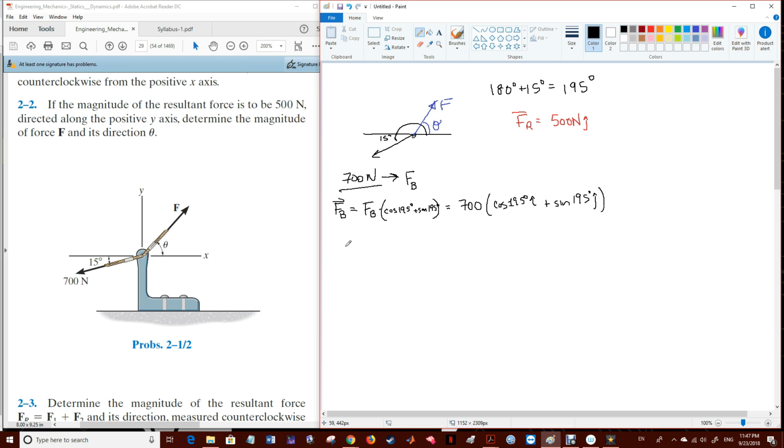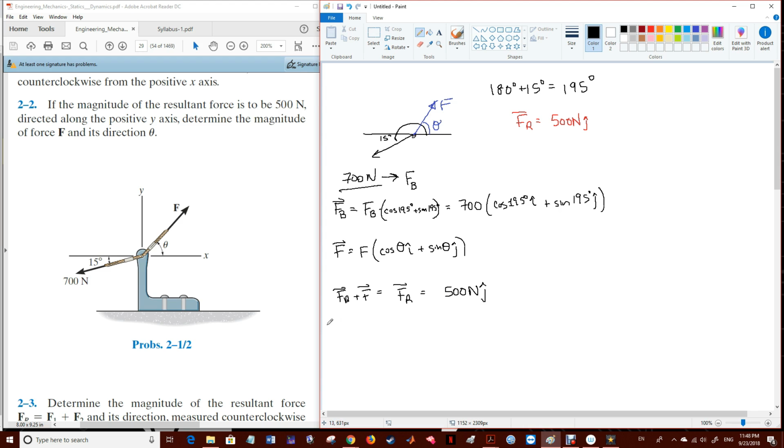Following with this unknown F, we will write F as a vector equal to some unknown value times a unit vector, which is cosine of theta in the i plus sine of theta in the j. And all I know is when I add these two forces together, F_B plus F, the resultant will be F_R, which is given as 500 newtons in the j direction.